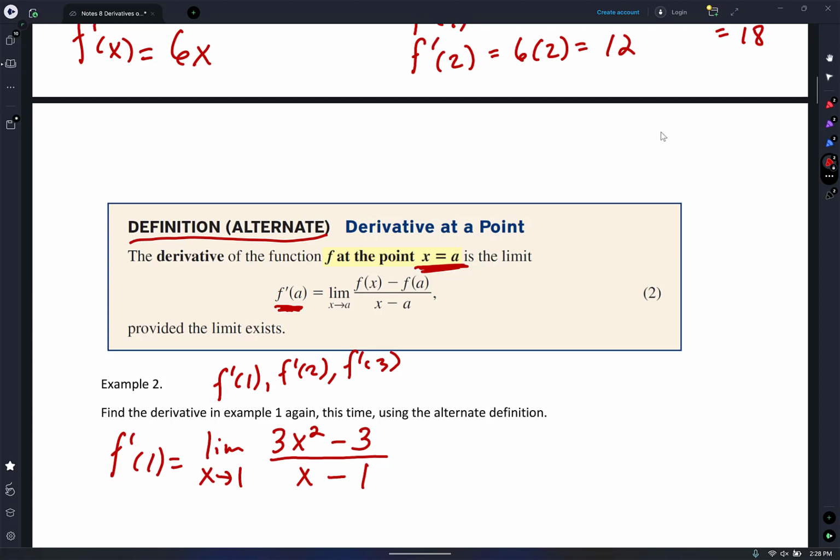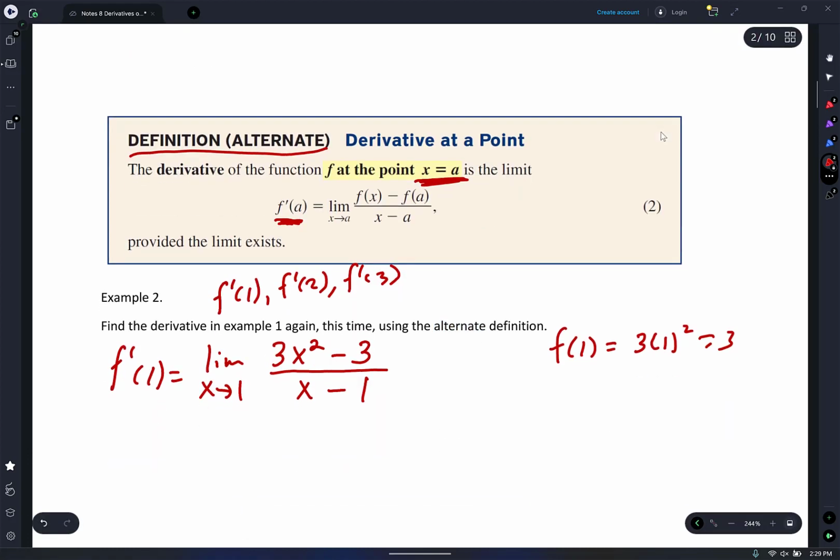The a is 1. I can't just make up any number I want. Okay, are we okay so far? In case you don't know what I just did there, guys, I found what f of a was. F of 1 was 3 times 1 squared, which is 3. And f of x is just 3x squared. Are we okay so far?